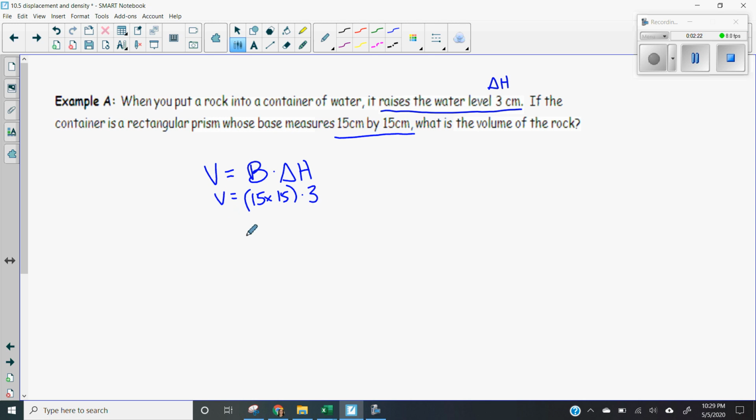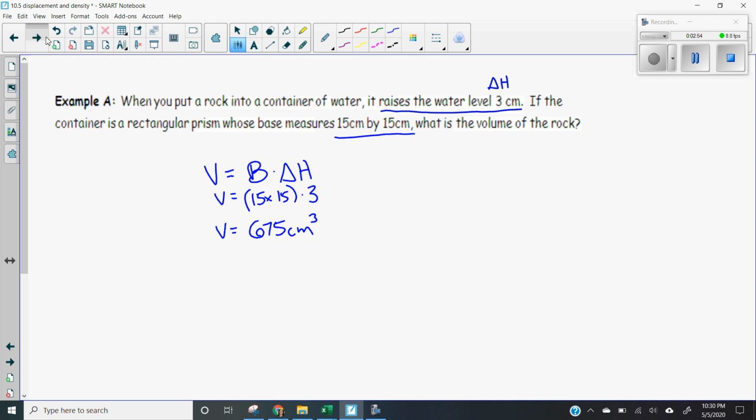So imagine we drop the rock in, the water that the rock displaces floats up to the top. Imagine you could freeze it and just pull that little slice out of there. It would be also in the shape of that rectangular prism, 15 by 15 by 3. So the volume of that water is 675 cubic centimeters, but that is also the volume of this irregularly shaped rock for which we don't have a formula.